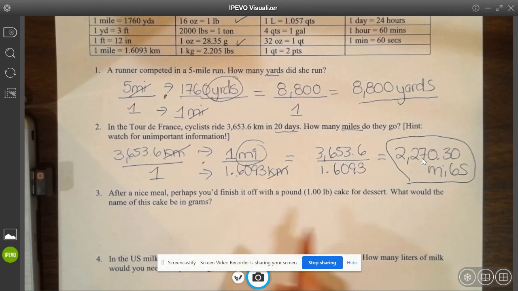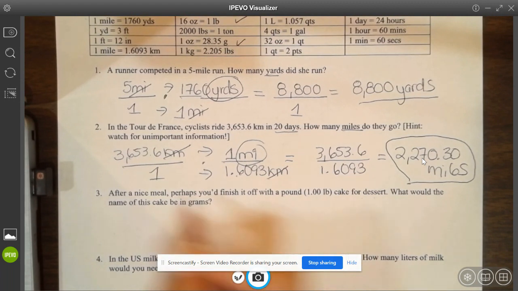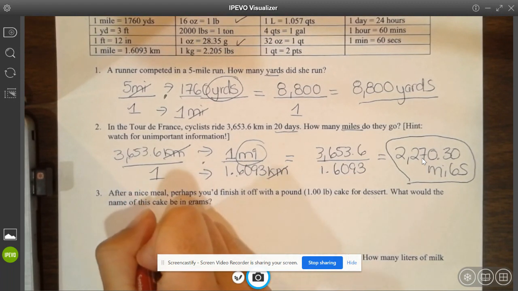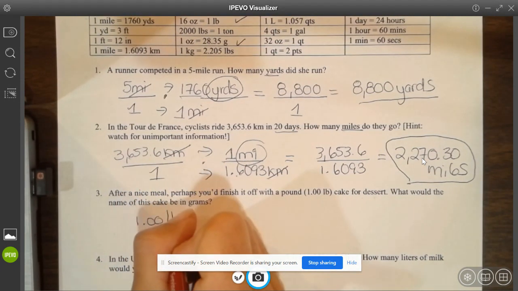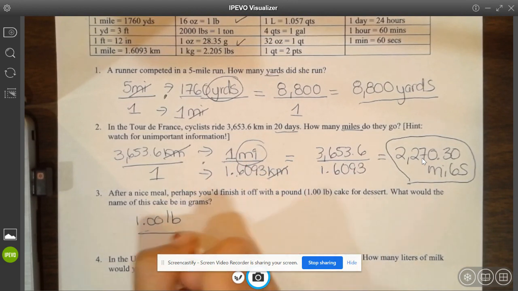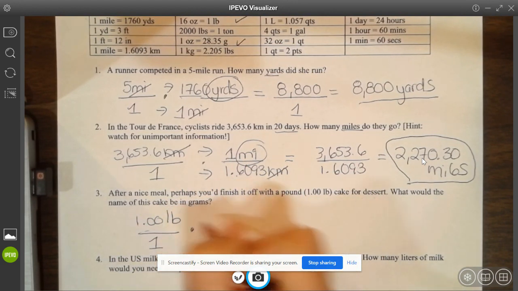All right. So let's change 1 pound of cake. So that's where are we here? So 1 pound of cake, and then over 1 and then times.